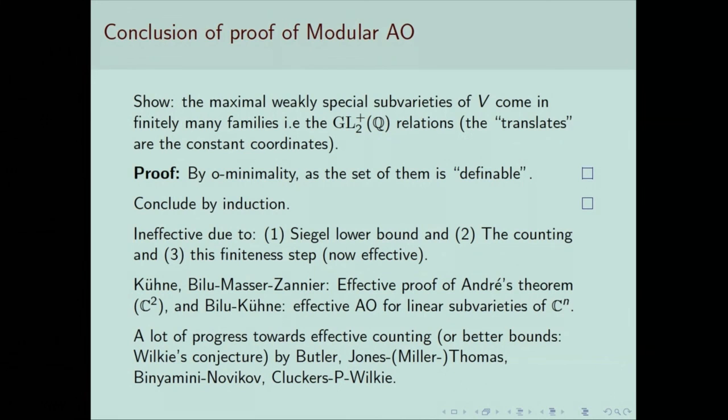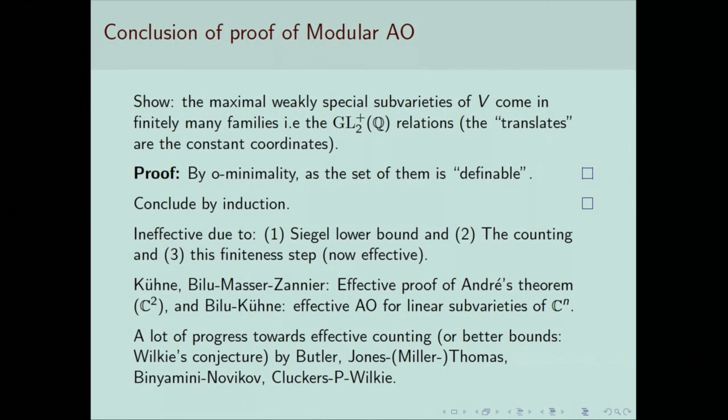So I just wanted to remark here that the only effective case of André-Oort is the case of C squared. André's proof was unconditional but ineffective, but Kühne, Bilu, Masser, Zannier have an effective proof.